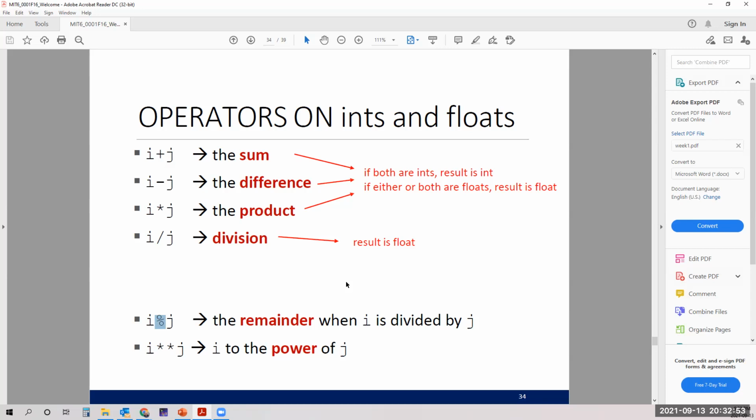For example, if I say 5 mod 2, what is the answer, guys? 1. Okay. If I write in Python star star, which is not just multiplication, what does that mean?